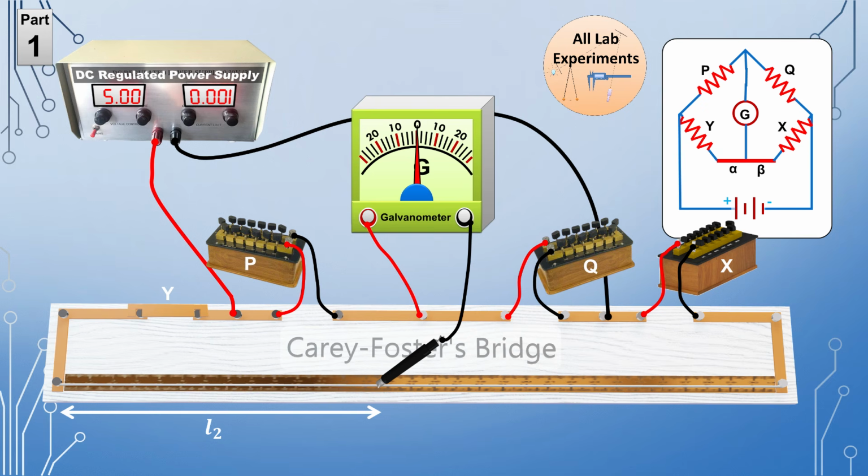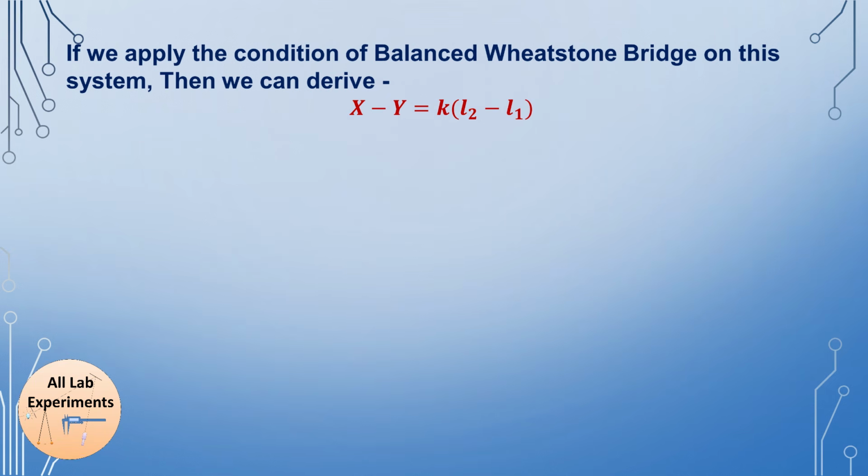In this way we have determined the stable points in both the arrangements and named them L1 and L2. According to the theory of the Carey-Foster bridge, if we apply the principle of Wheatstone bridge on this system, we can derive the expression that the resistance of X minus Y is equal to K times (L2 minus L1).